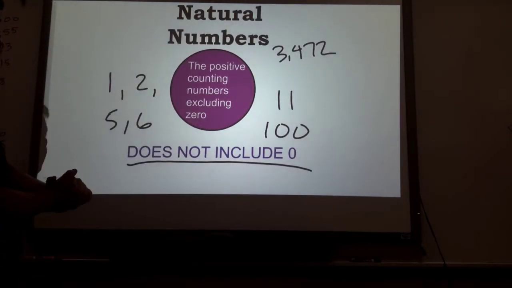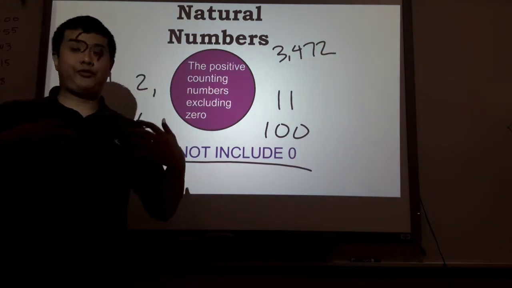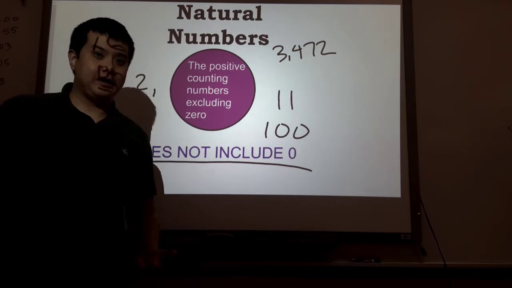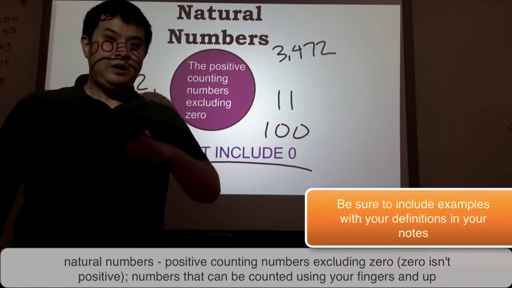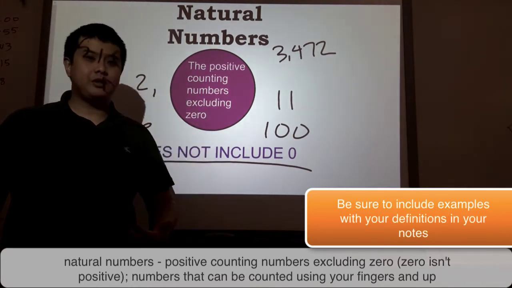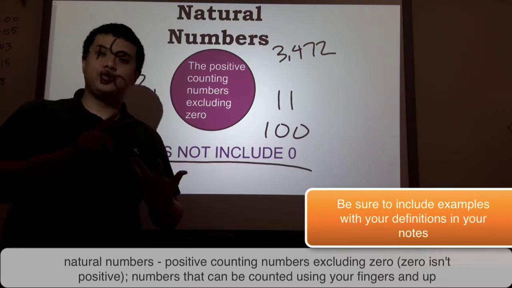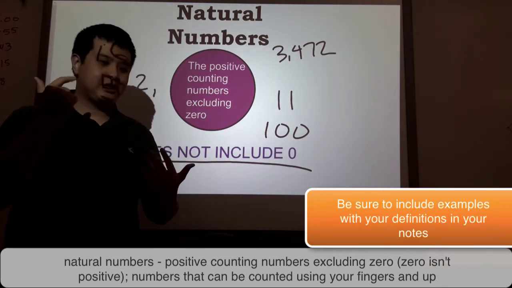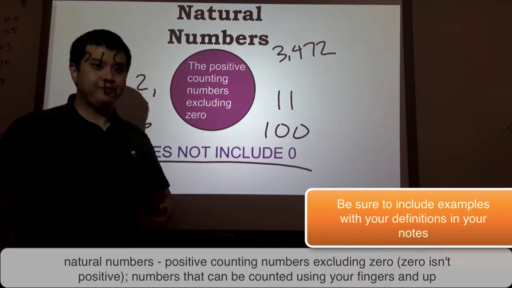So the first one that we're going to talk about are natural numbers. Okay. Natural numbers were the first numbers ever discovered, and they were discovered by looking at the fingers and simply counting up. So natural numbers, also called counting numbers, include 1, 2, 3, 4, 5, 6, 7, 8, 9, 10, 11, 12, and so on and so forth. Okay.